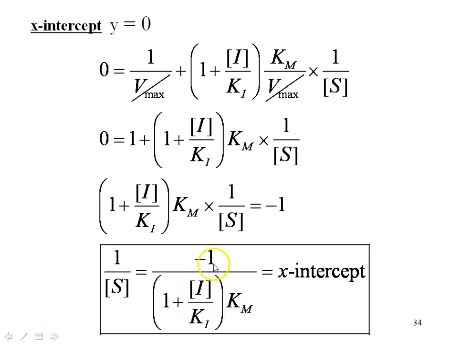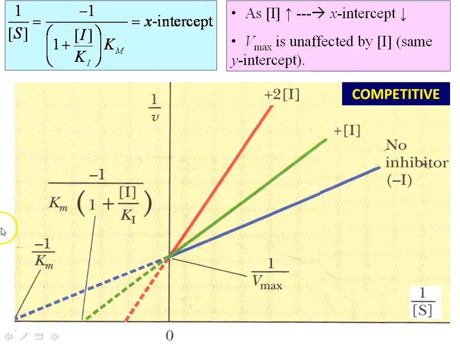So it's the negative of the reciprocal of the apparent Km. In other words, it's minus the reciprocal of Km multiplied by alpha, or Km multiplied by 1 plus the inhibitor concentration over the enzyme-inhibitor complex dissociation constant.